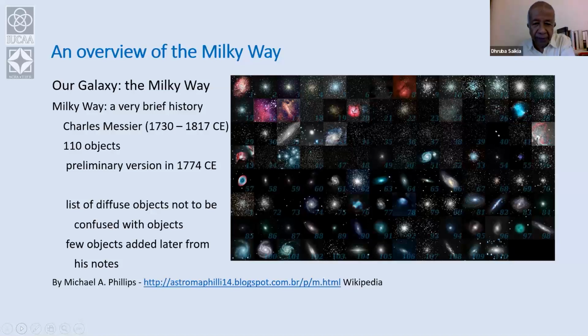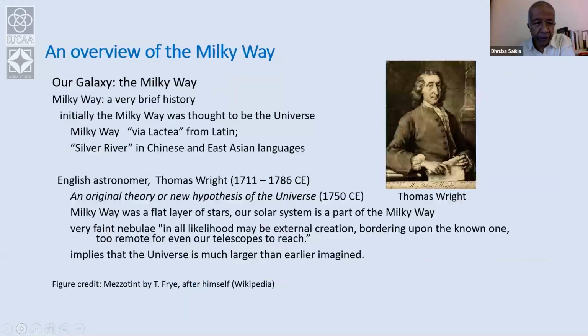He had fewer than 110 objects, but some of the objects were added later by astronomers by looking through his notes. And this is one of the early catalogs and is known as Messier's catalog. So when you see an M before an astronomical name, it refers to that object's number in Messier's catalog.